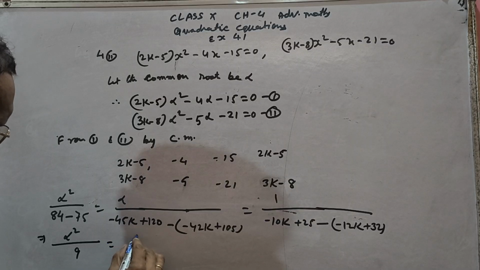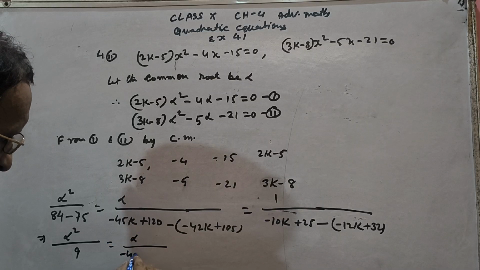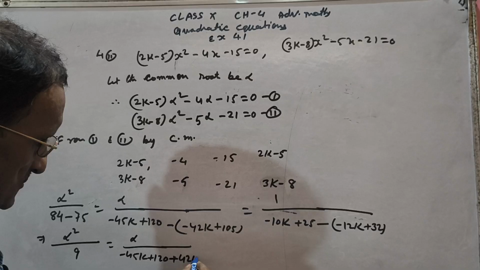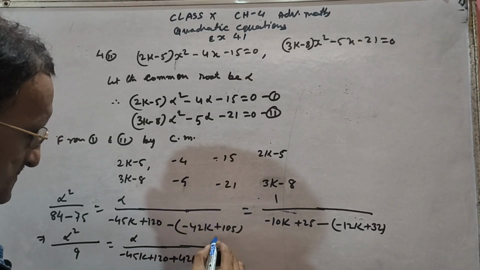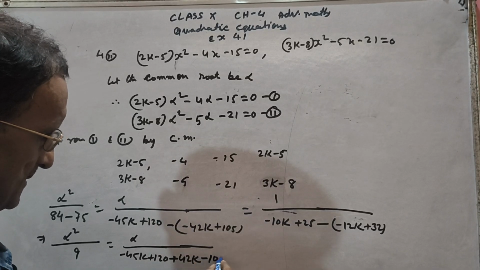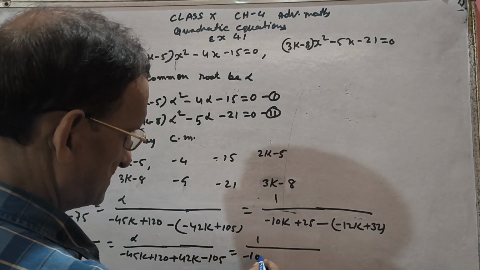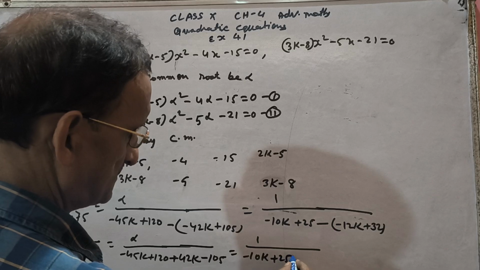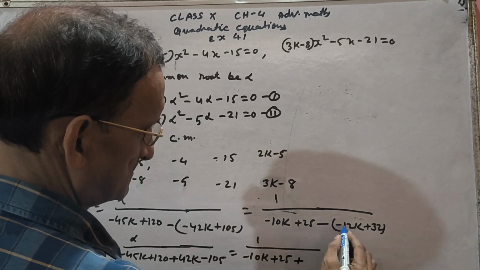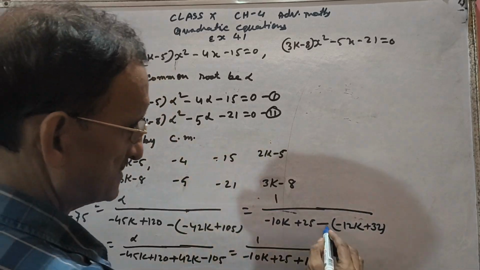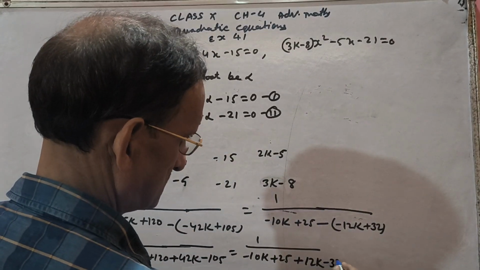And here alpha by minus 45k plus 120, minus 42k minus 105, is equal to 1 by minus 10k plus 25 plus 12k minus 32.